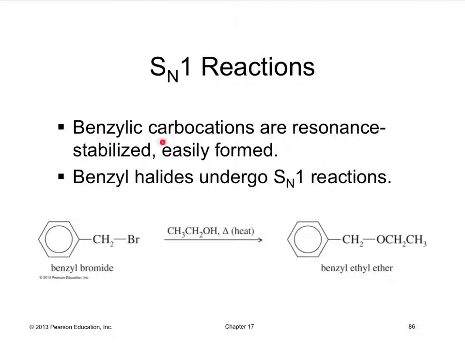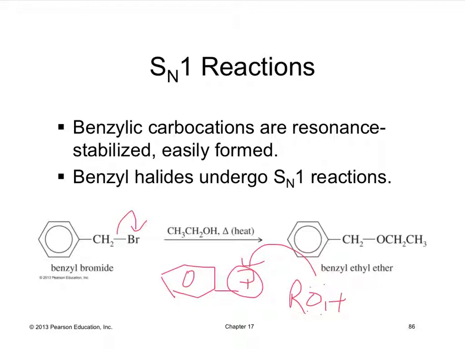SN1 reactions. So benzylic carbocations are resonance stabilized, easily formed. Benzyl halides undergo SN1 reactions. So in the presence of ethanol and heat, will leave to form the carbocation. And then the rest of the mechanism, where you have electrons from your oxygen come in, form the adduct.